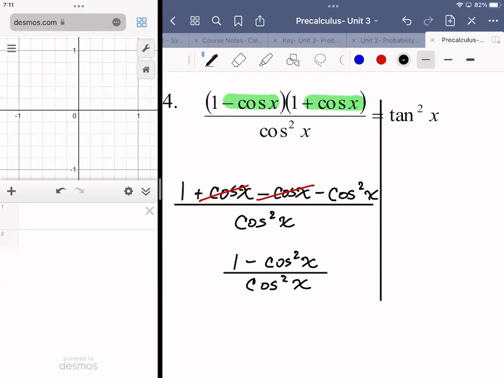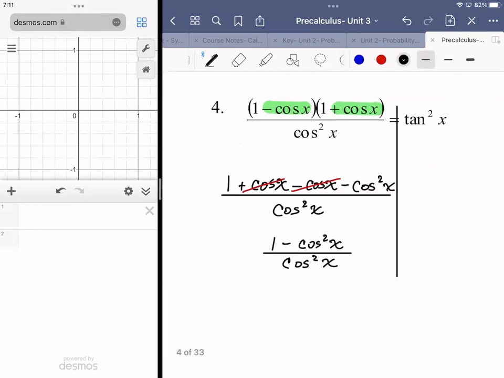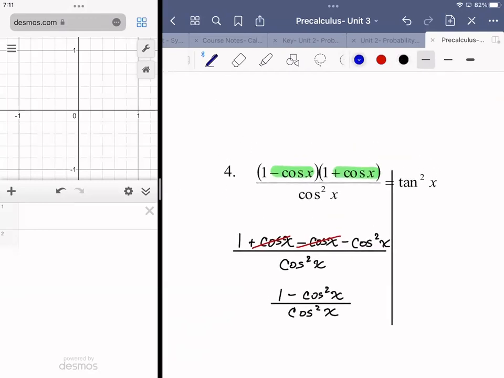All right. So just going back to that Pythagorean identity, I'll just make a note here, right on the top. The rule we know is that cosine squared x plus sine squared x is equal to 1.